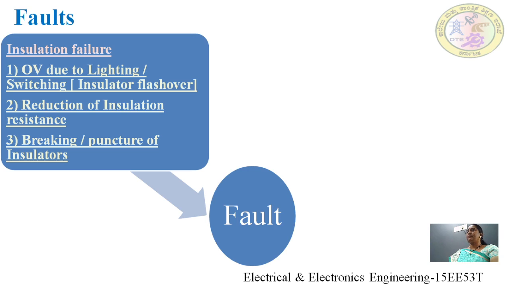For example, consider equipment placed in a cement industry. Cement dust and soot accumulate over the surface of the equipment. This causes a reduction in the resistance of the insulation. This causes a flashover of the insulator.